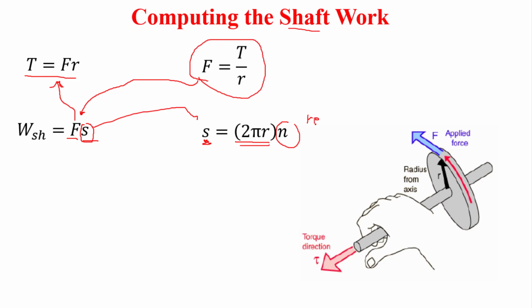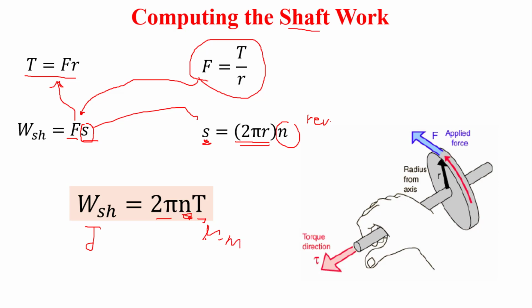Okay, this one is revolution. So W shaft in joule equals 2 pi times n, the number of revolutions, multiplied by torque, and torque here is in Newton meter.